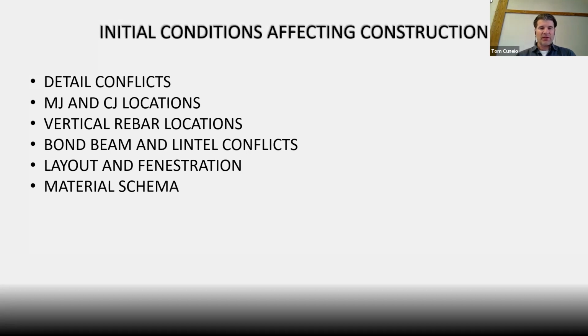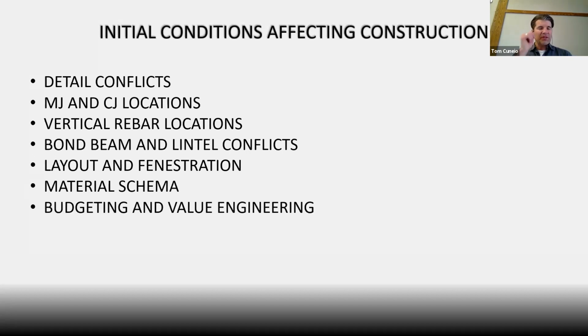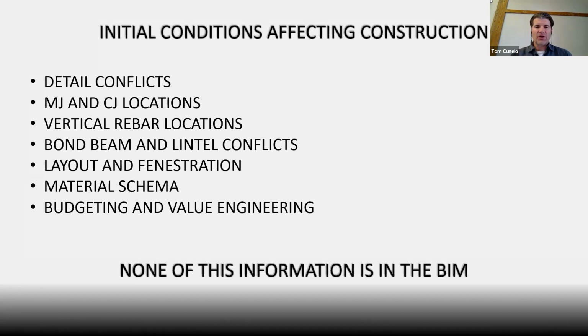How are we using color and texture? Generally is not well represented in the documents. And then budgeting. We're using tables. We don't have access to individual components in an assembly to budget from. So we're using local knowledge or tabulated information. We wind up with value engineering. As we get into construction, we're making changes to try to manage the budget. None of these things are in the BIM.